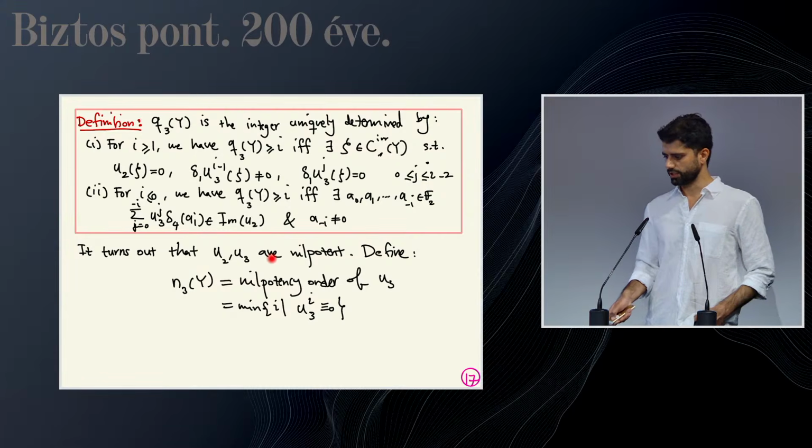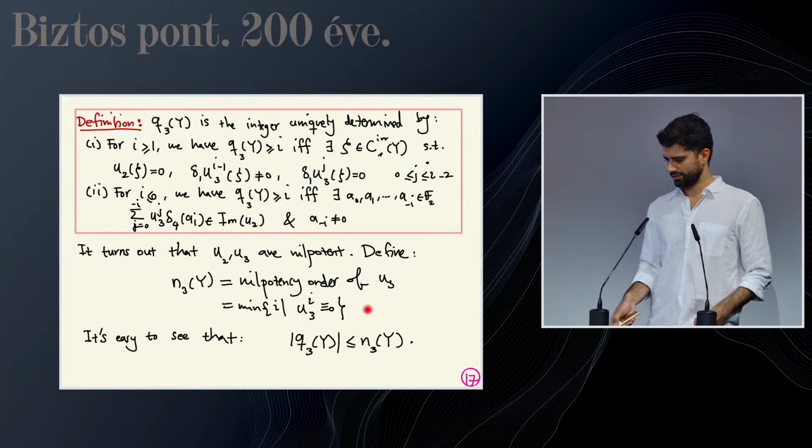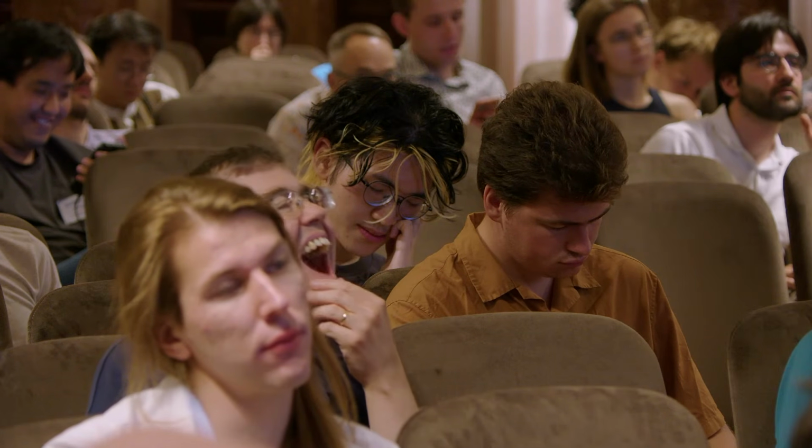Because these operators are nilpotent, you can ask what the nilpotency order of U3 is. You can ask for both of them, but because we're more interested in Q3, I'm going to ask it only about U3. We can define a numerical invariant N3 of Y. One observation that I want to make is that Q3 is less than the nilpotency order and greater than negative the nilpotency order.